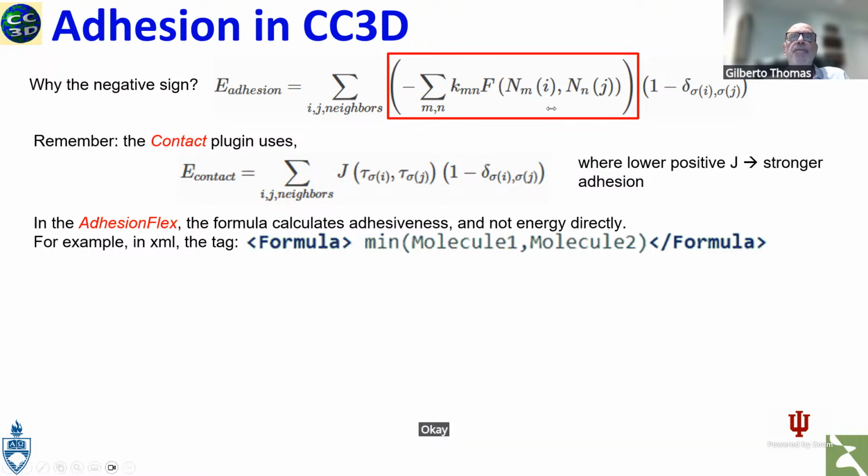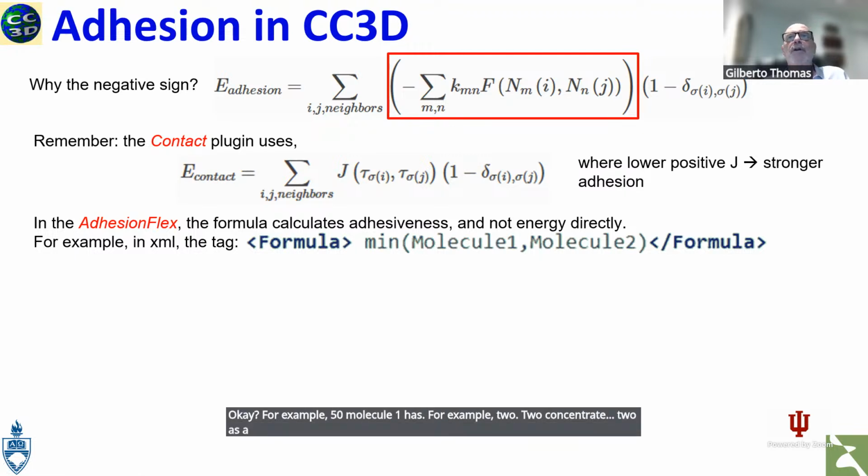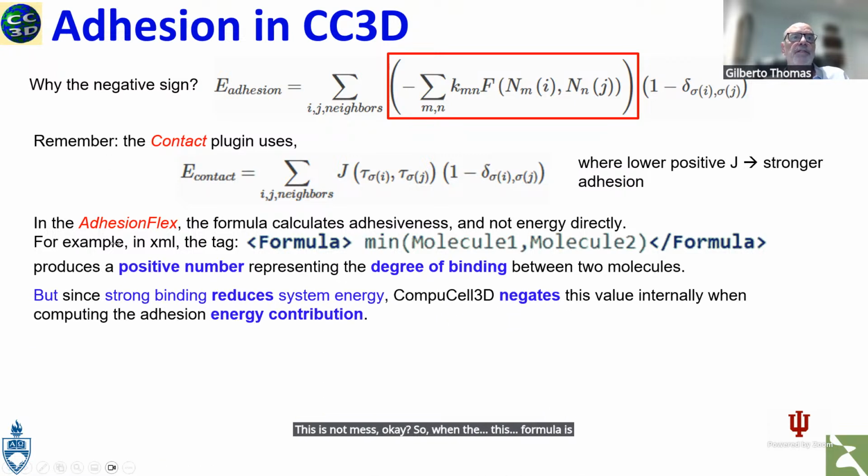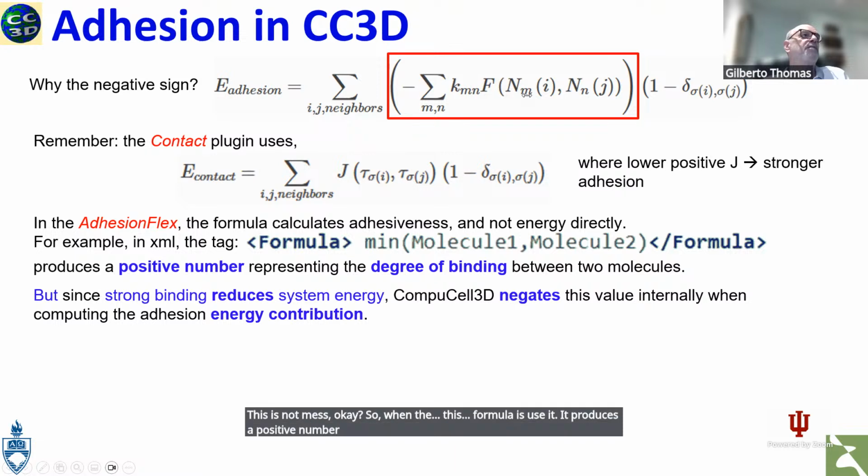Okay. For example, if molecule M has a concentration of 2, and molecule N has a concentration of 3, well, you can connect only 2 receptors. So the formula chooses the minimum of these numbers. Okay. So when this formula is used, it produces a positive number because concentrations are positive numbers.